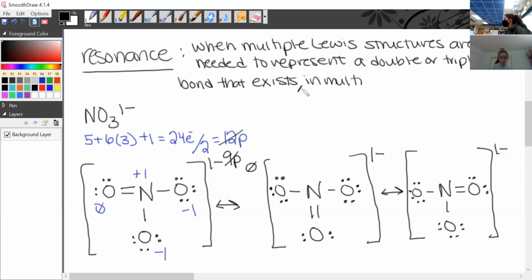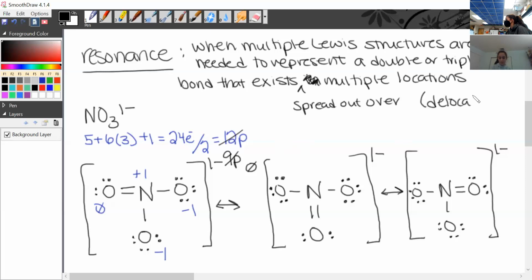Maybe I should say that exists spread out over multiple locations. Okay. We actually call this, just like the electrons in the electron sea model, we say that this bond is delocalized. Okay, this bond actually does in fact exist in multiple different locations. And that's why we draw all three options.